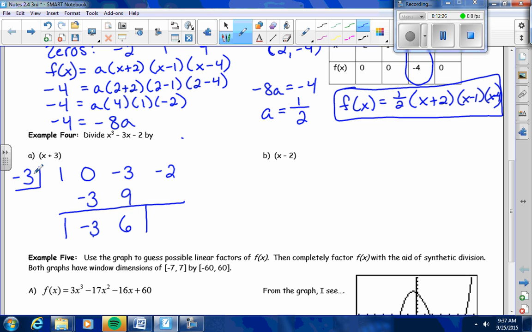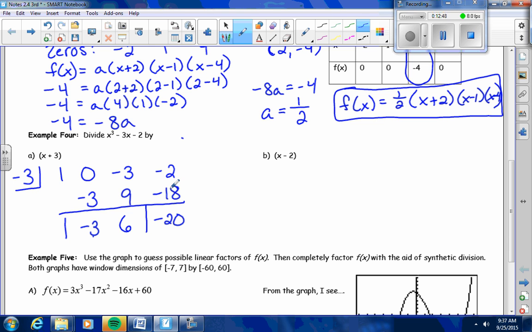Multiply 6 times the number in the box, -3. That gives us -18. -18 plus -2, -20. To prove that x plus 3 is a factor of the polynomial, we would have to end up with a remainder of 0.